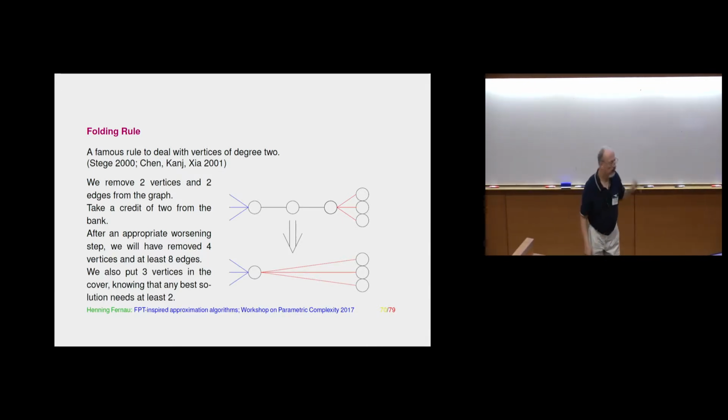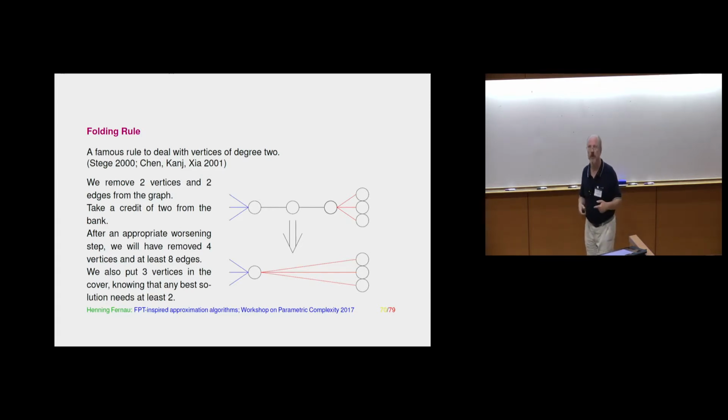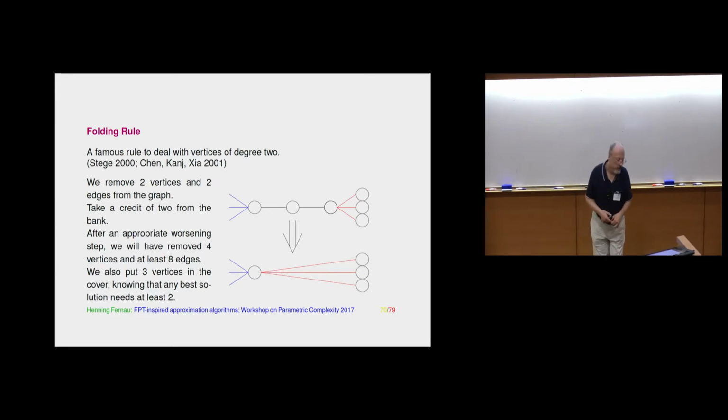Maybe coming once more back to this famous folding rule, which is displayed here again, in case you don't recall. In general, we remove 2 vertices and 2 edges, which is not sufficient to maintain our degree bounds, so we have to take a credit of 2.